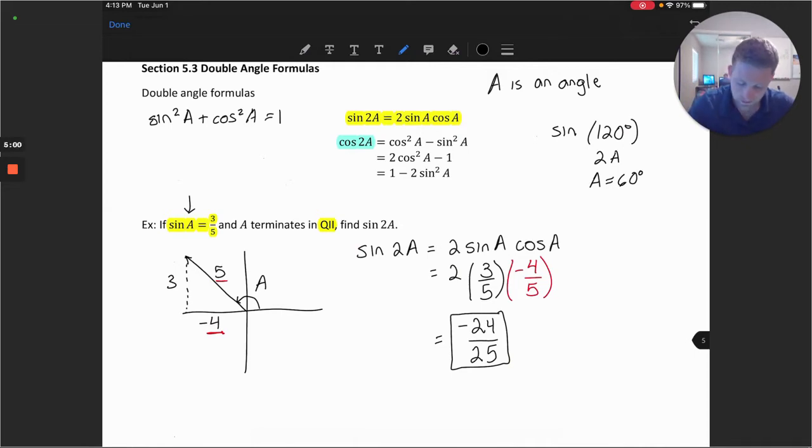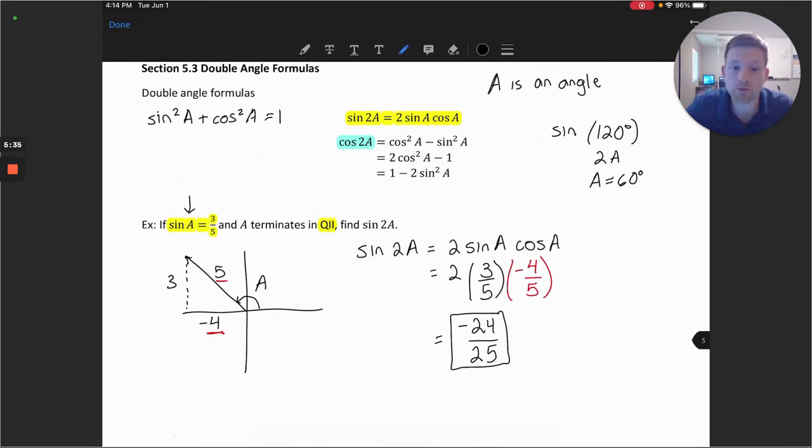Because of this fact, we can represent the cosine 2a in a number of different fashions. The first way we can do it is cosine squared a minus sine squared a. We could also use 2 cosine squared a minus 1, and then 1 minus 2 sine squared a. Each of these three representations will give you the same result, so you can use any of the three.